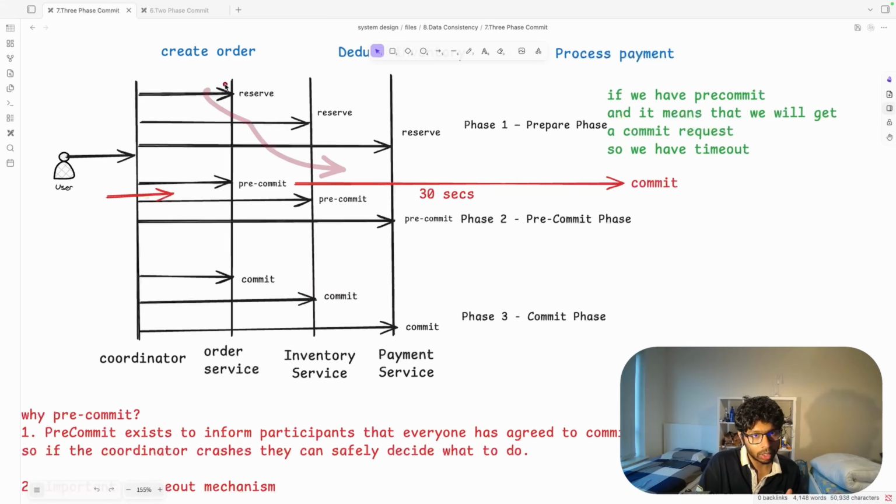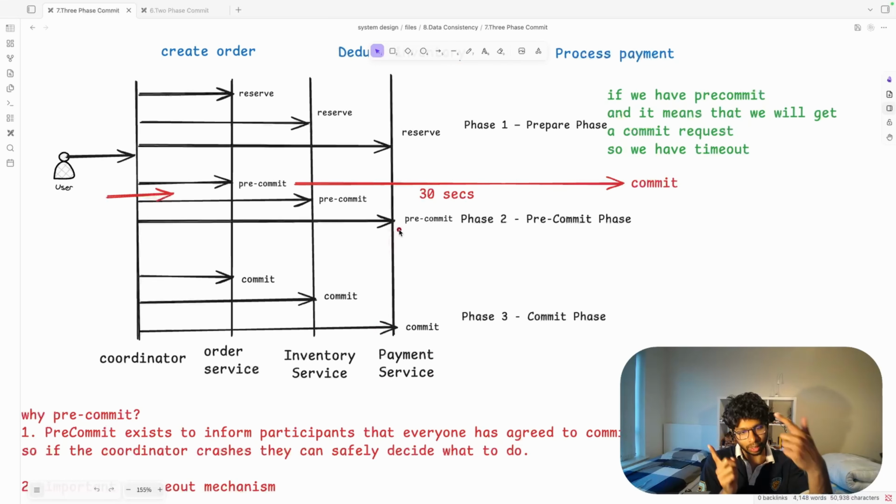Let's come back. After the reserve phase, the coordinator will send the request to pre-commit. So all the databases will make the proper entries into their databases with the status, let's say, pre-commit, and there is a timeout value that all the services are maintaining. The order service is going to maintain a timeout on that particular row of 30 seconds. The inventory service is going to set a timeout of, let's say, 30 seconds, and the payment service is again 30 seconds.